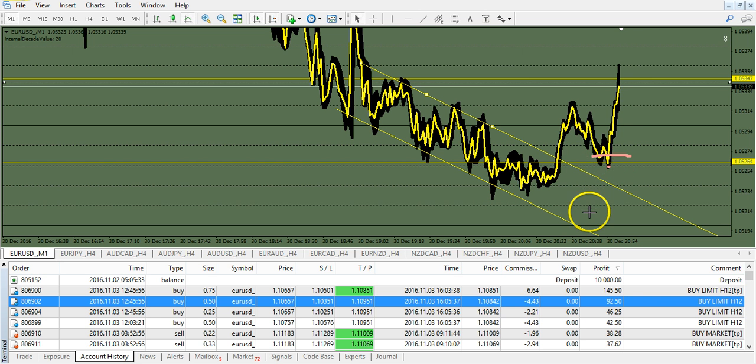You never got filled on that. You had to buy up here because the spread is this. If you put your buy limit at the apex of this, no fill.